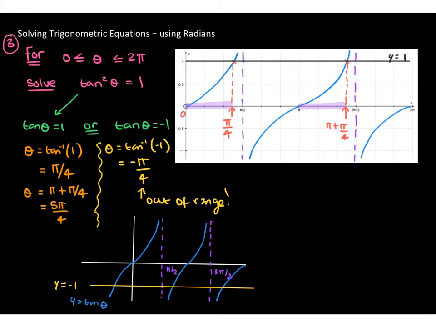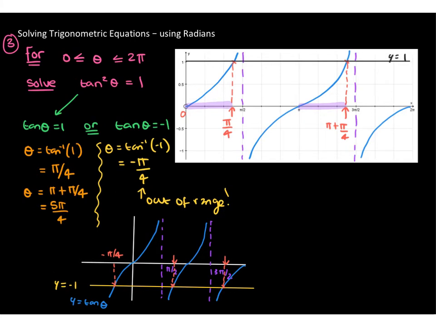Now, look at the intersections. There's an intersection here, which is negative pi by 4, as given to us by the calculator. And then the answers that we want that are within range are here, and then another one over here. Now, how am I going to find those answers?